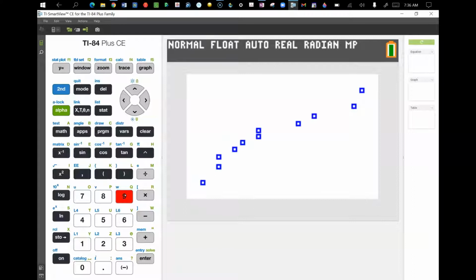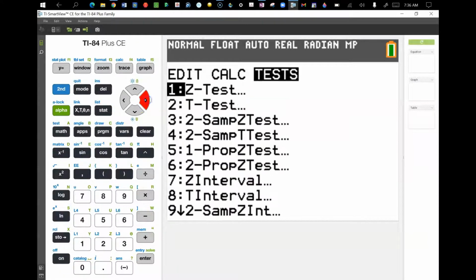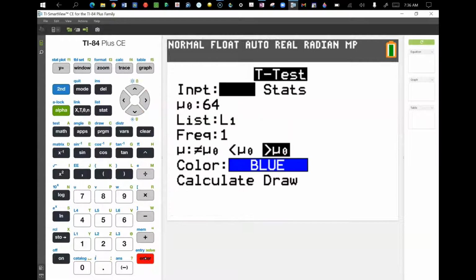Now from here on out, the rest of it is the same as doing a single sample t-test. So we hit the stat button, we go over to tests, and we go down to t-test. We're going to use the data, and our null hypothesis is that the mean is 0. Our data happens to be in list 4. We're going to count each value once. And remember, this is important.